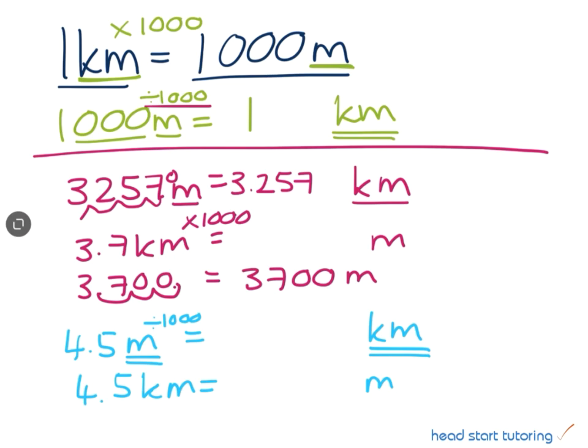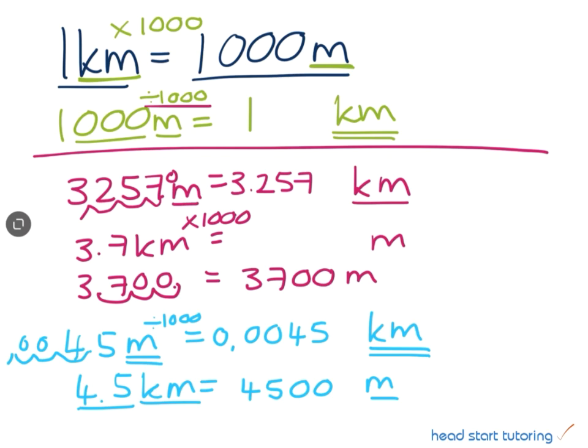So 4.5 divided by 1,000, we bring in 1, 2, 3 decimal places. So we get an answer of 0.0045 kilometers. And when we are working the other way around from kilometers to meters, we've got 4.5 kilometers. So we end up with 4,500 meters because we move our decimal place 3 places to the right because we are multiplying by 1,000.